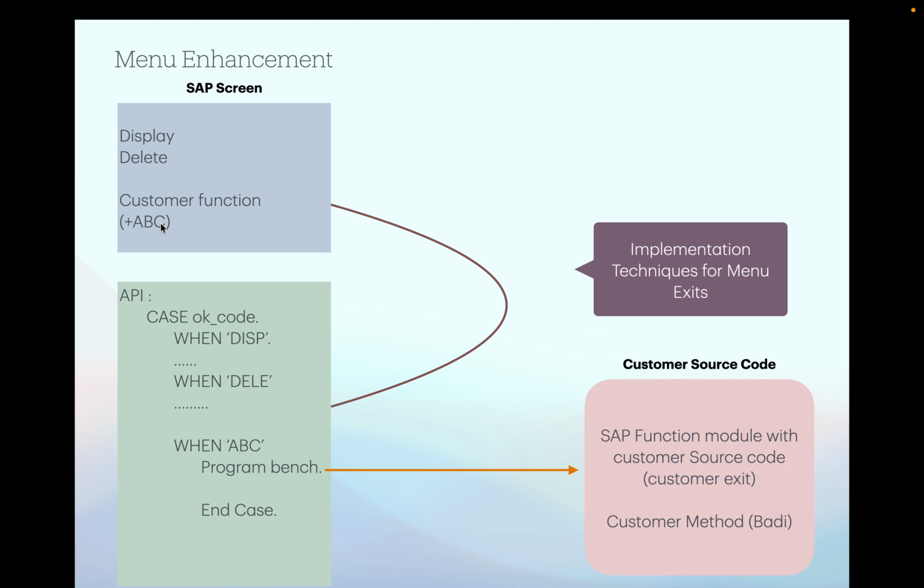For that, this program branch has been provided in the standard setup. In this program, we implement it in the customer exit, or in the form of customer BAdIs, business add-ins, or in the customer exit function module.